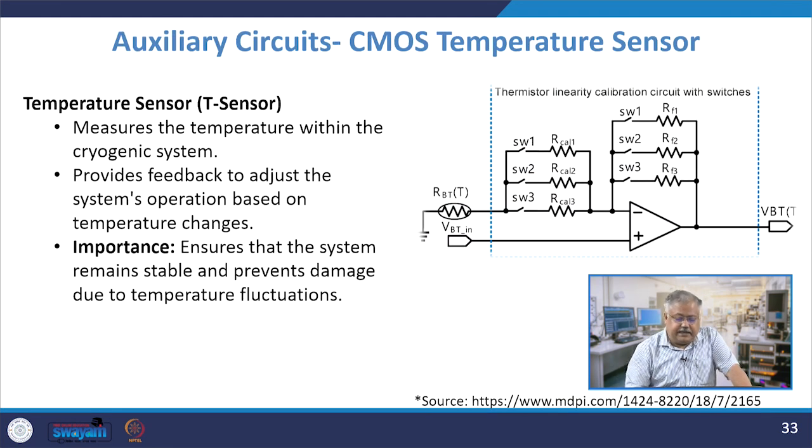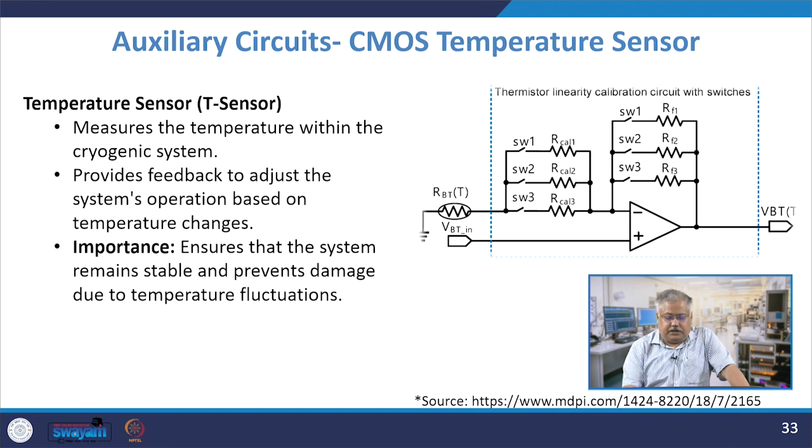So, the right hand side is basically a diagram of a temperature sensor, an op amp based temperature sensor, and this ensures that the temperature at which the readout circuit works is maintained stable, around 10 Kelvin, from 4.2 to 4.6 up to 10 Kelvin. This will give me a real time temperature range.